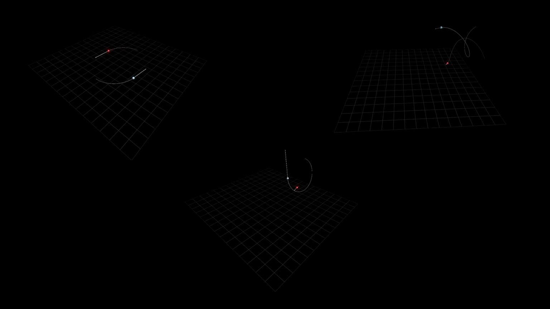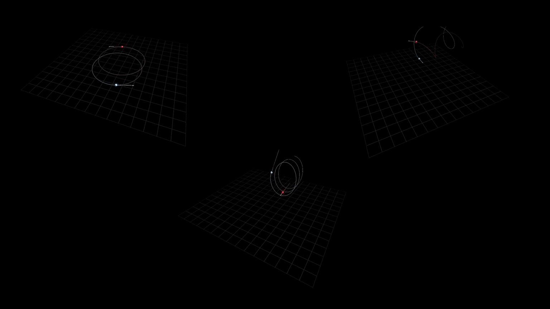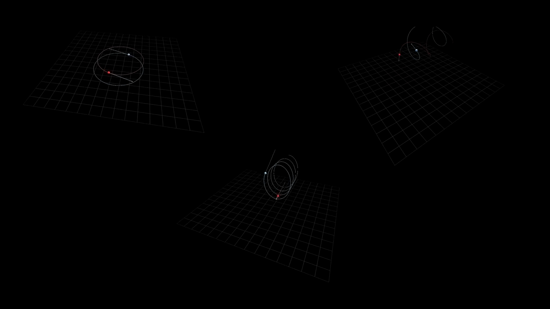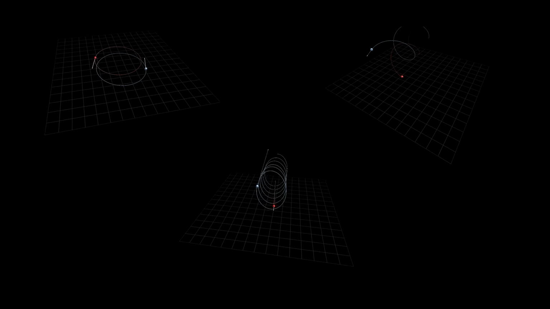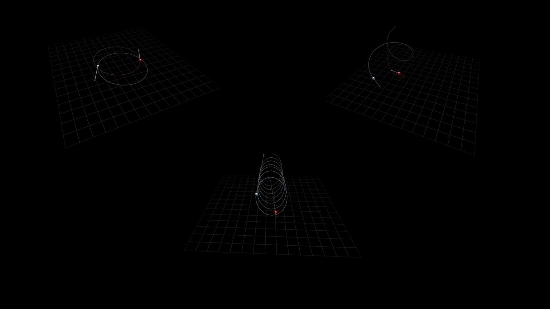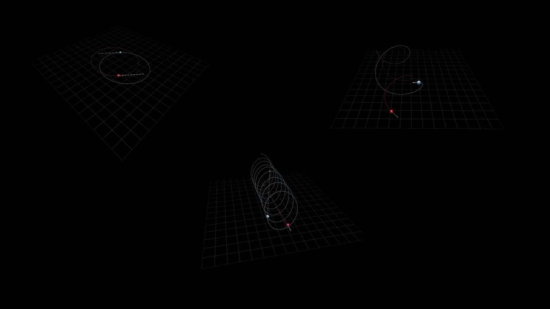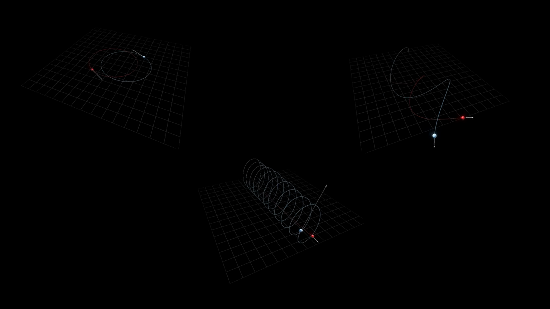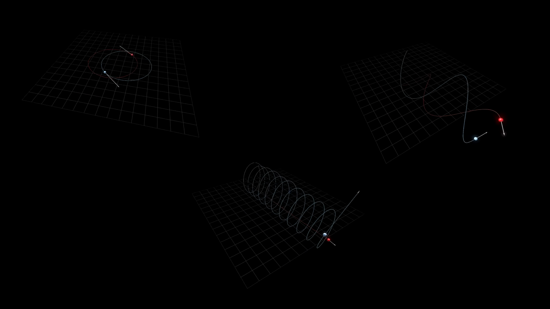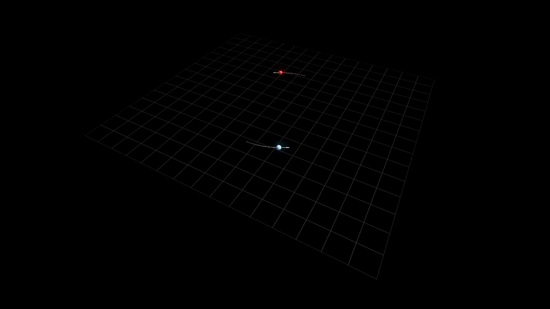Here are some of the other configurations. The gravitational interaction of two bodies is very predictable.